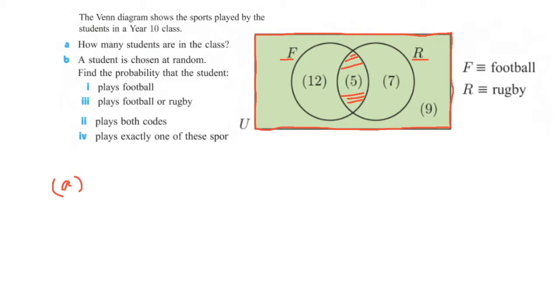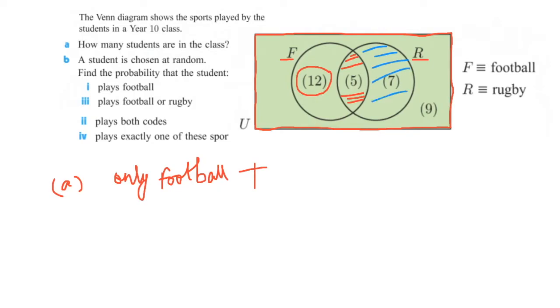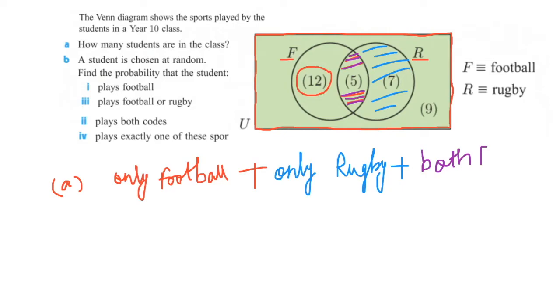So how many students are in the class? So I have students who play only football plus students who play only rugby. This area is only rugby. And then I have students who play both, which is this common area. These are the students who are playing both the sports, both football and rugby.